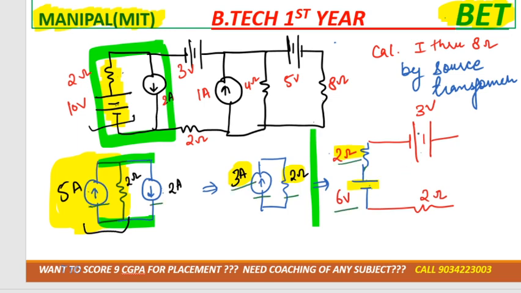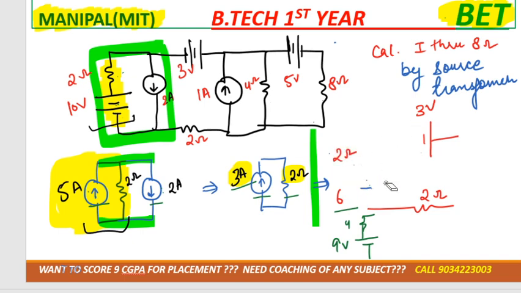Now after this, just cross check the values. 6 volt and 3 volt, they are connected in series, right? So ultimately it will become 9 volt, right? And 2 ohm and 2 ohm, they are also connected in series, so it will become 4, correct? So 9 volt and 4 ohm, I'm rubbing this.